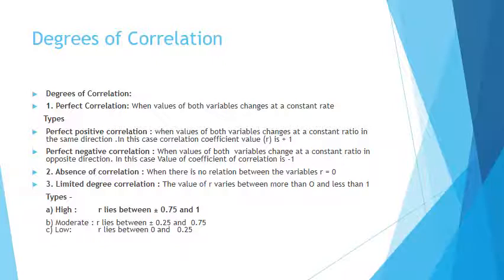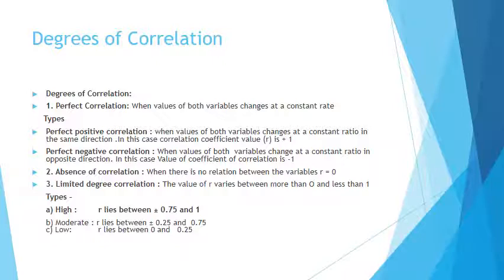Correlation is perfectly positive when proportional change in two variables is in same direction. In this case, the coefficient of correlation is +1. Perfect negative. It is perfect negative when proportional change in two variables is in opposite direction. In this case, the value of coefficient of correlation is -1.